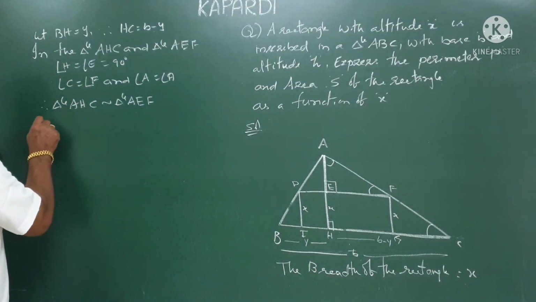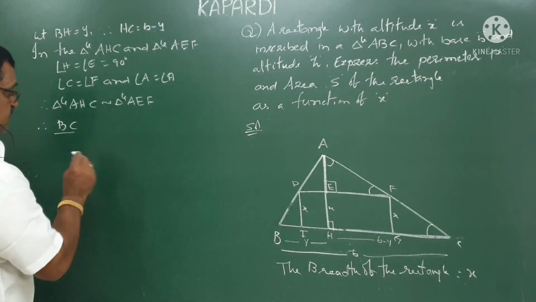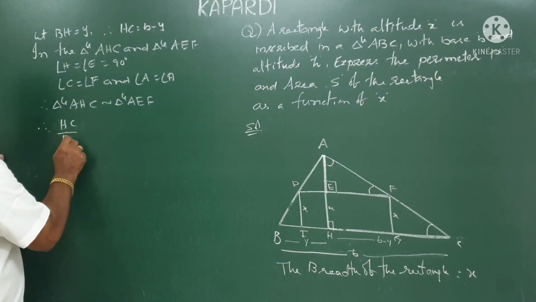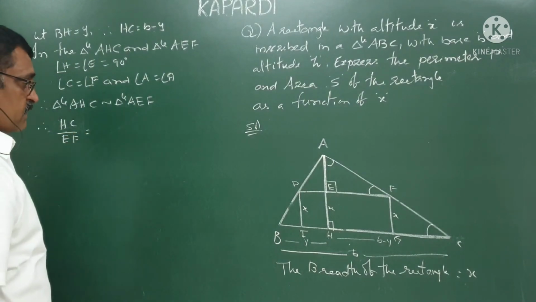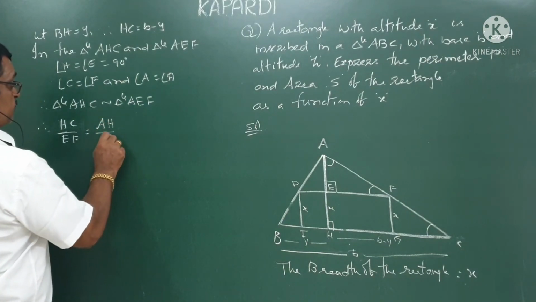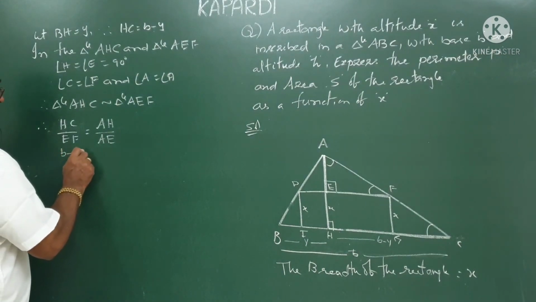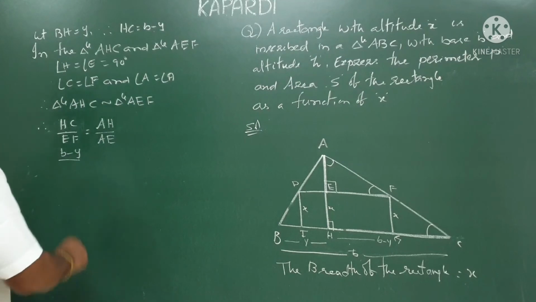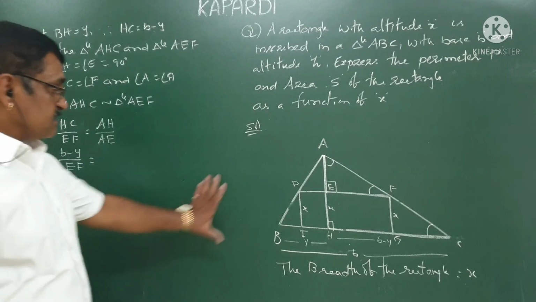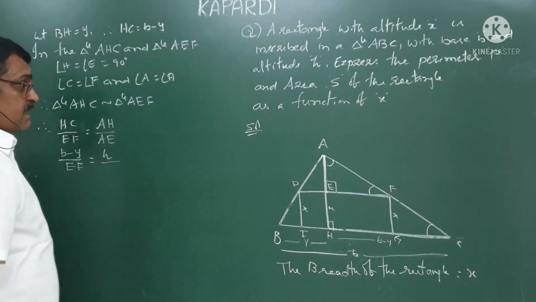Therefore HC by EF is equal to AH by AE. Now HC is nothing but B minus y by EF, I'll keep EF as this, is equal to AH, which is given as H, by AE.